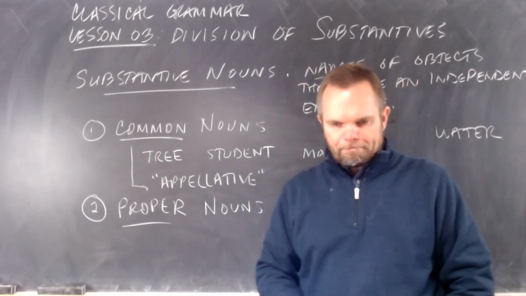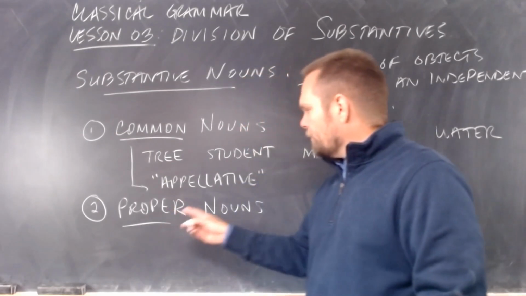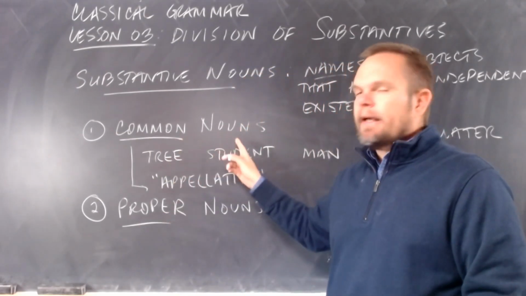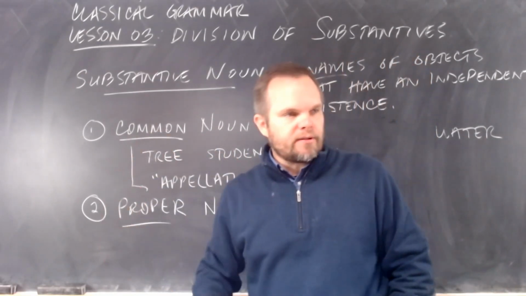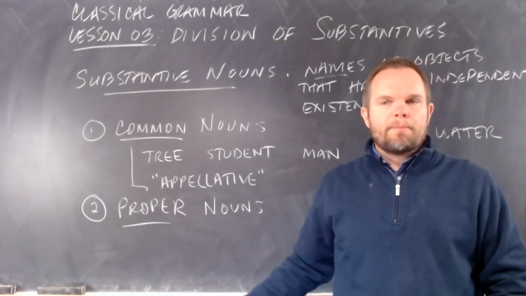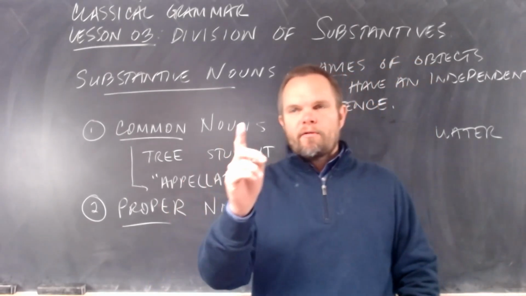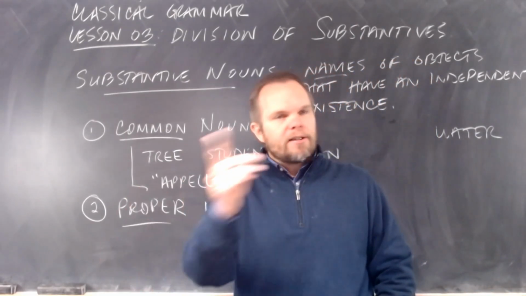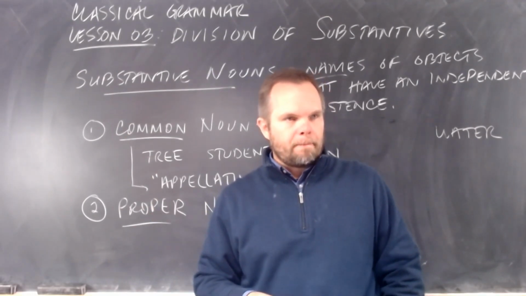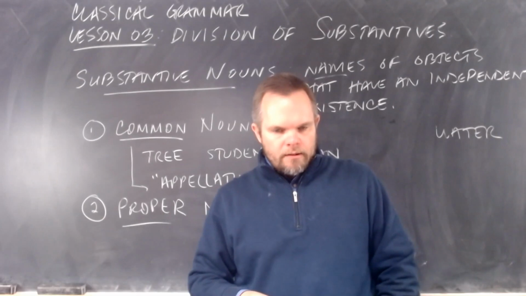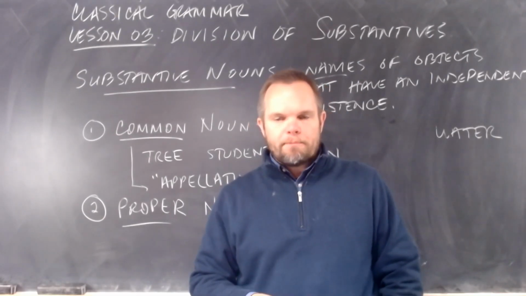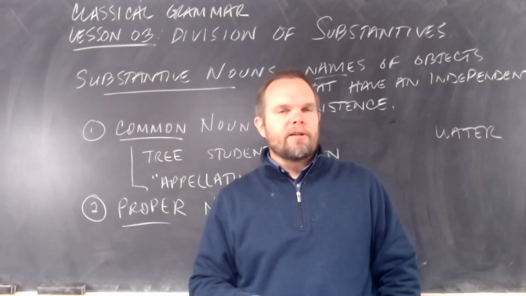All right? Proper nouns, the name for an individual. Common nouns are the name for a class. It's a name shared by many individuals. A proper noun is a name for an individual that's not shared with a group. Okay? The names of persons and places, that's not a very good definition.